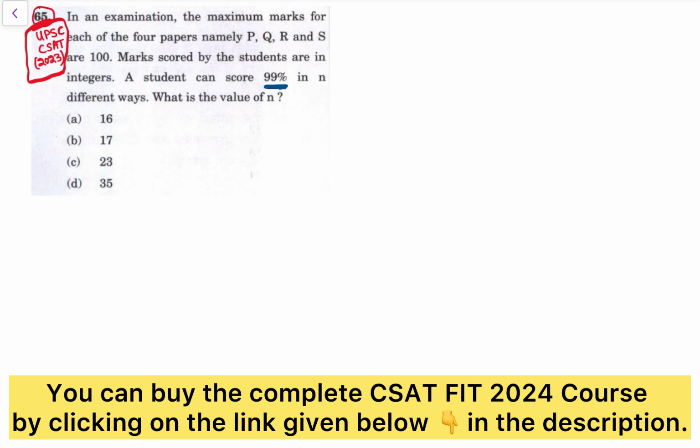The question is: in an examination, the maximum marks for each of the 4 papers, namely P, Q, R, S, are 100.